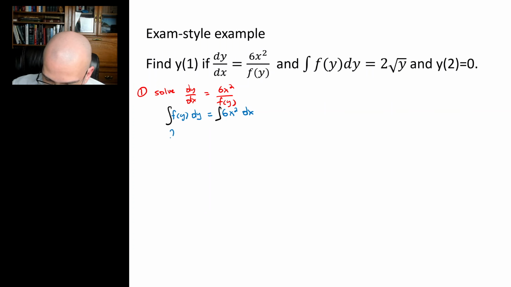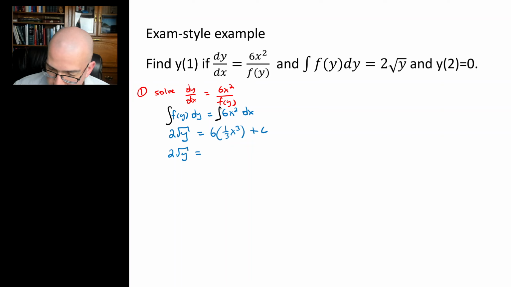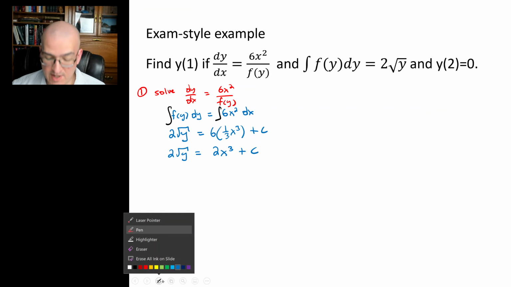So 2 times the root of y is equal to 6 times 1/3 x cubed plus our constant of integration. So 2 root y is equal to 2x cubed plus c. I'm going to find c right now.